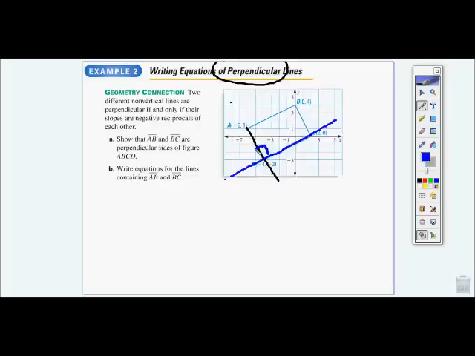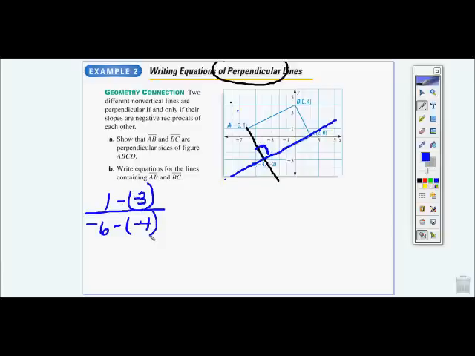So if we were looking at the slope of AB, we would find that slope as, let's do 1. We'll do this as our second point. So we'll do 1 minus a negative 3. And then in that same order, the next point would be negative 6, and then the difference with negative 4.